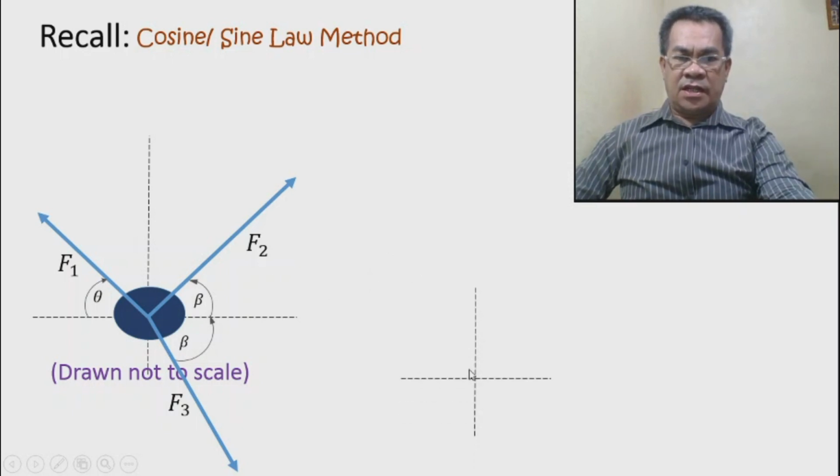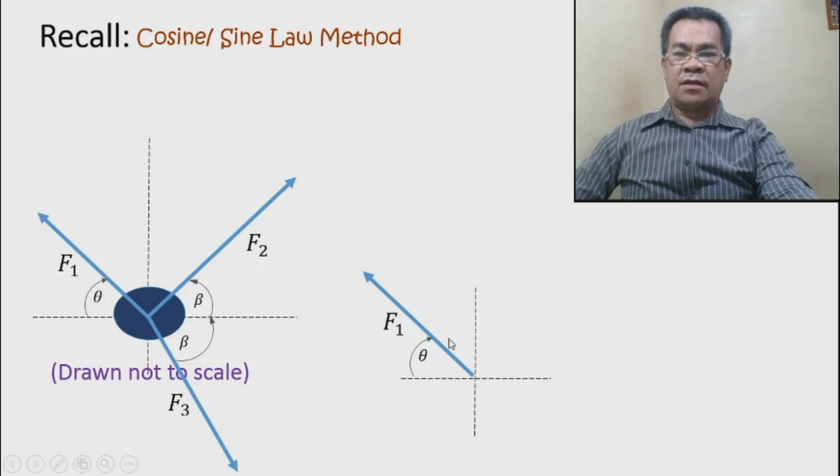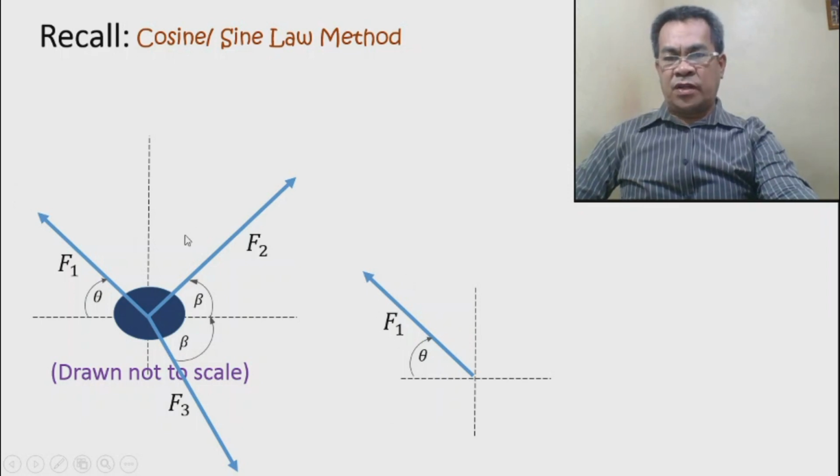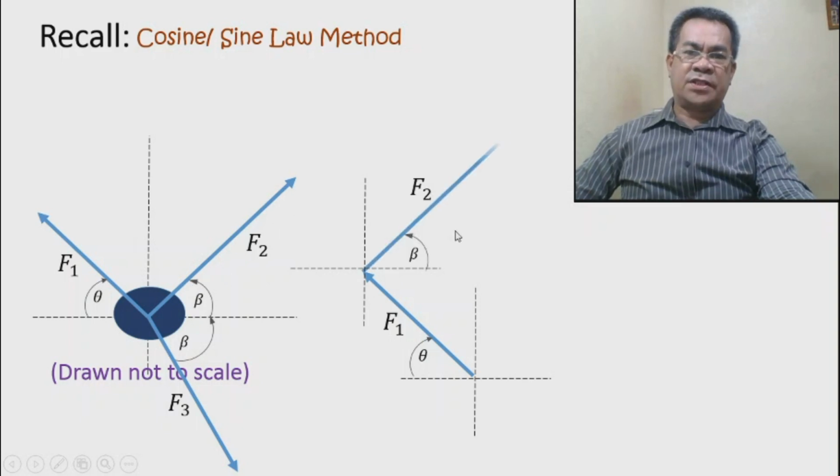First, again, construct the polygon, the tail-tip combination. We have to decide on F1, or you can start at F2 or F3. It doesn't matter as long as you connect all the given forces, and the magnitude and direction should be reflected. Next, we connect F2 or F3 at the tip of F1. We construct the Cartesian axes at the tip, then construct this force.